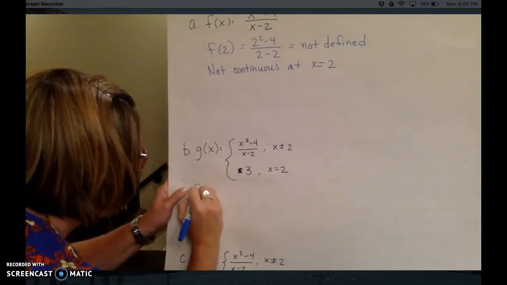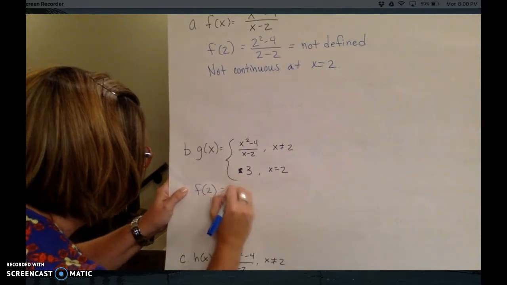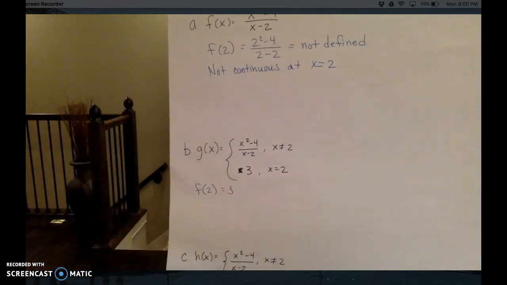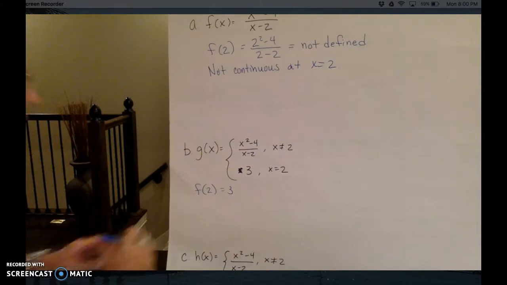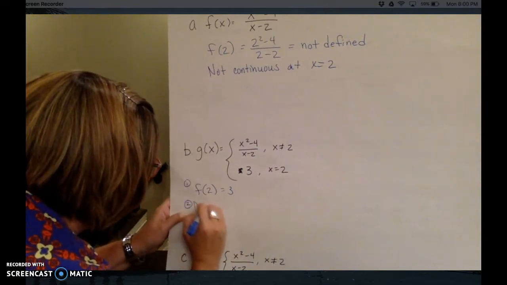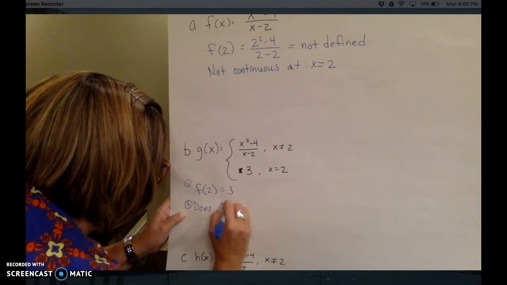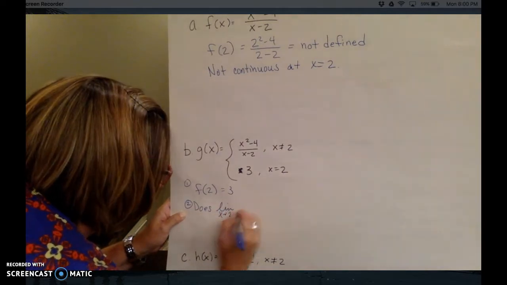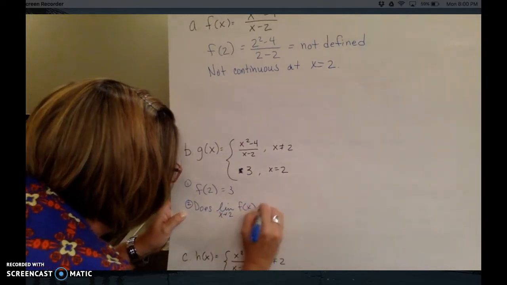So f of 2 is 3. So f of 2 is defined. Then that's condition 1. Condition 2, does the limit as x approaches 2 of f of x exist?